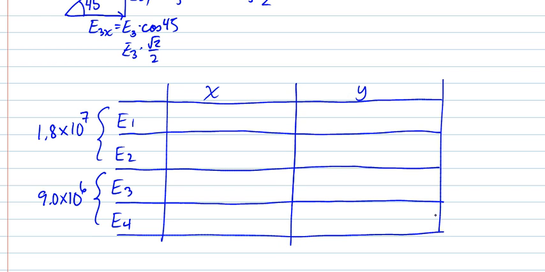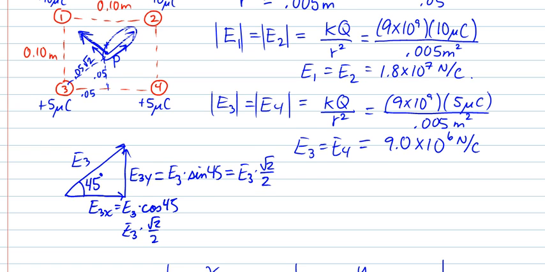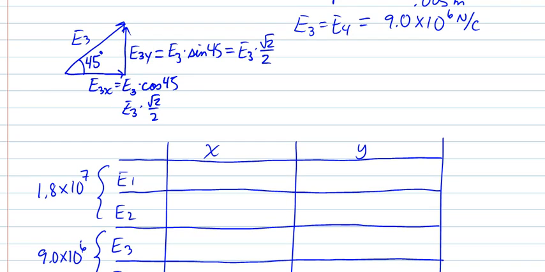Okay, so just as an example, E1 is going up and to the left, so it's going to have a negative x component and positive y. So it's going to be negative 1.8 times 10 to the 7th times root 2 over 2, and the y component will be positive 1.8 times 10 to the 7th root 2 over 2.